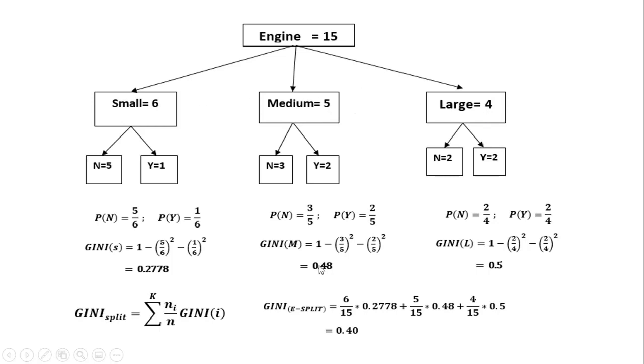So 6 out of 15 is multiplied with this impurity. This is how the weight is calculated. So for the engine attribute, the overall Gini split value is 0.40. This is the value for one attribute.